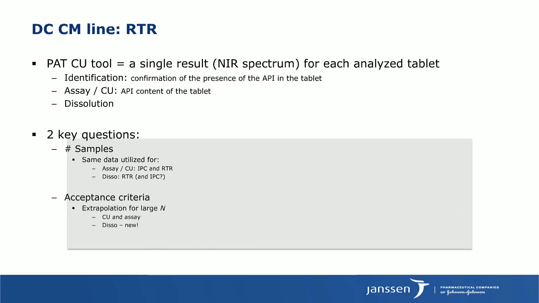The second question that we need to answer is the acceptance criteria. If you look at the regulatory guidelines, like the United States Pharmacopoeia or the European Pharmacopoeia, we already noticed that for content uniformity and assay, there is a chapter which does an extrapolation for large N. So if you look in the European Pharmacopoeia, there is a separate chapter for when you have done content uniformity for 100 or more tablets of a batch.